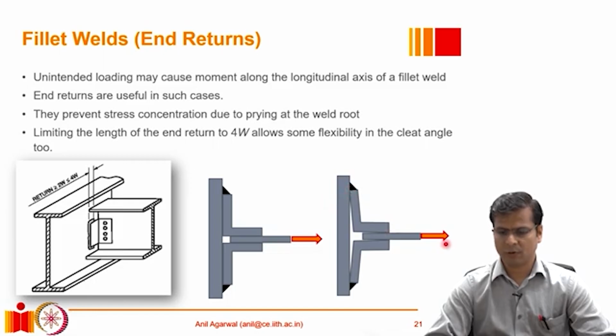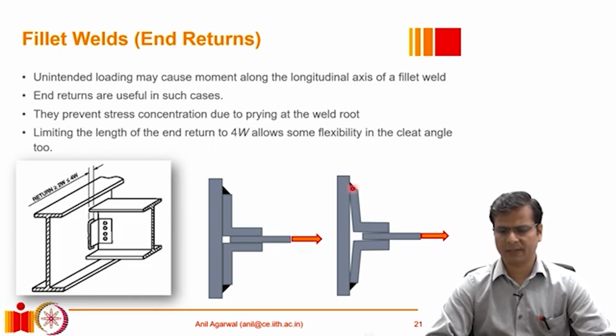Now, this type of loading is not really the intended type of loading, because this weld is primarily designed to resist the vertical load only. However, there can sometimes be some unintended type of loading which can introduce these stresses, and these stresses could be very bad for the health of this connection.